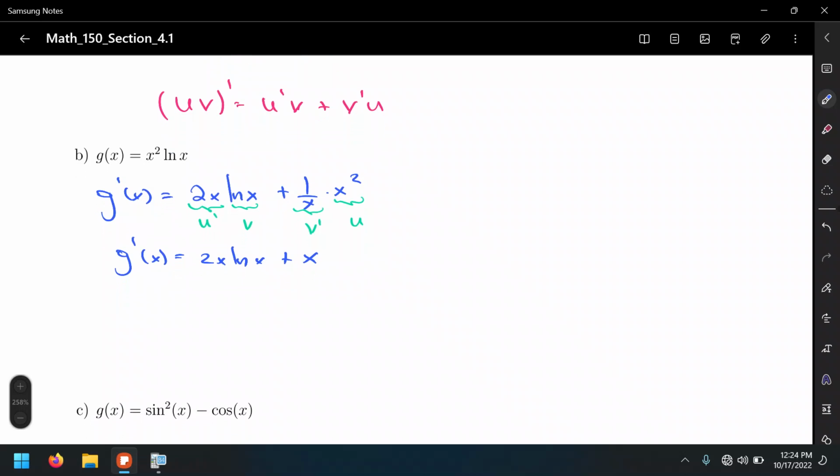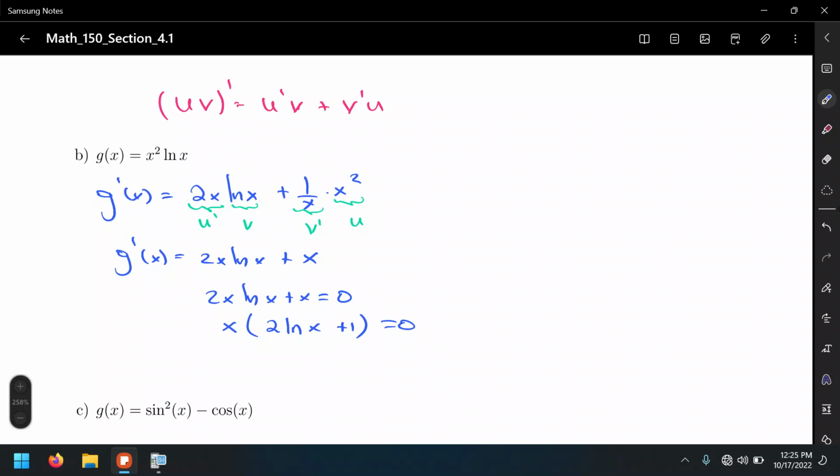And in this case, we need to set 2x ln x plus x equal to 0 in order to find out what those critical values are. So we need to solve this equation for x. Number one, notice how we have a common factor of x. So that's x times (2 ln x plus 1) equals 0.